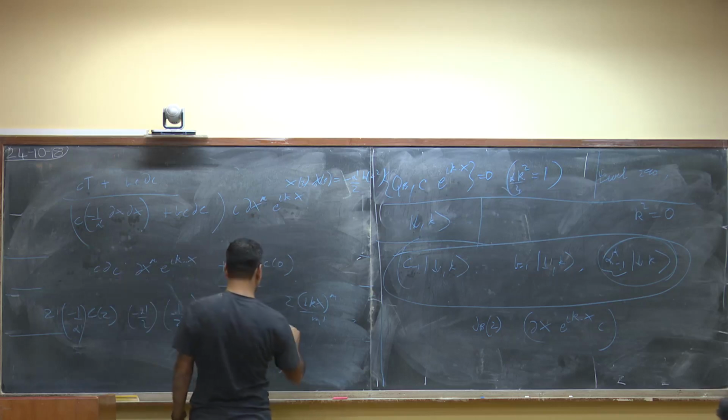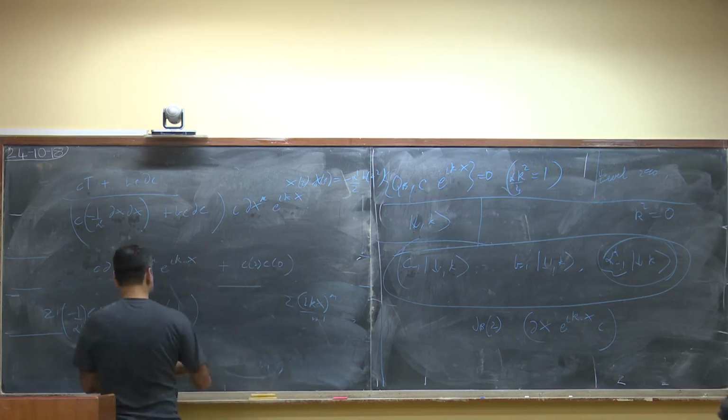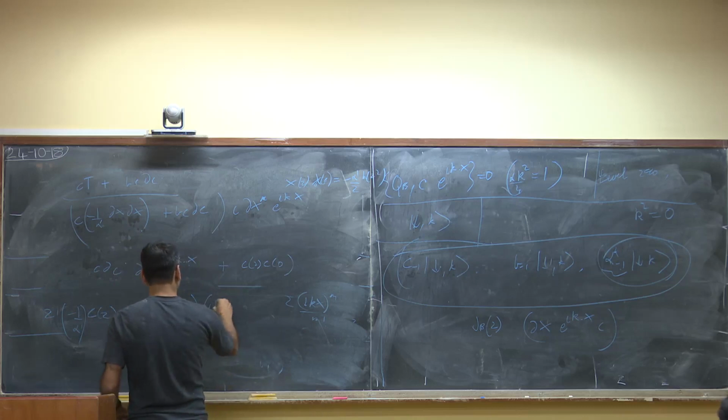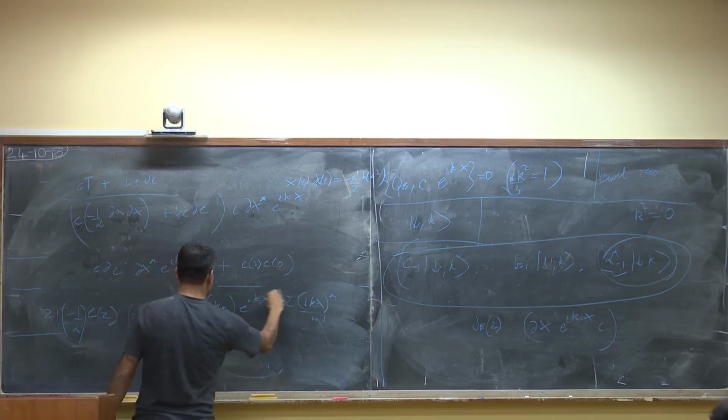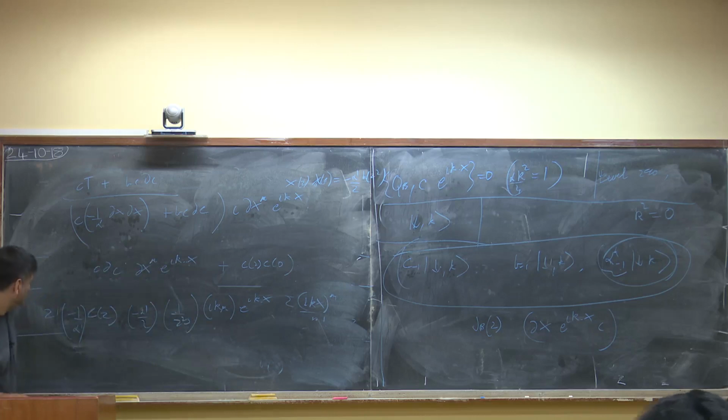So i k mu times e to the power k dot x. I'm claiming that this term here will be i k mu e to the power k dot x, and this came with an extra z, so this is z cubed. This is the most singular term.